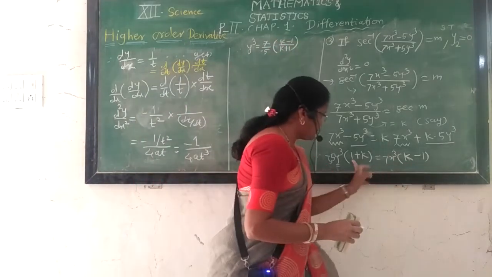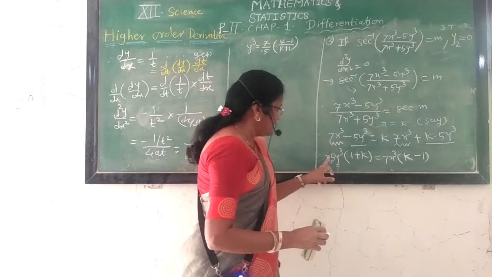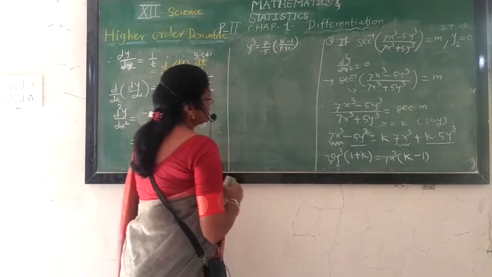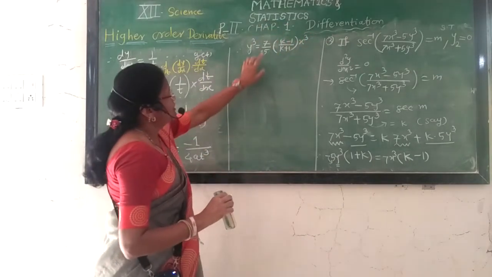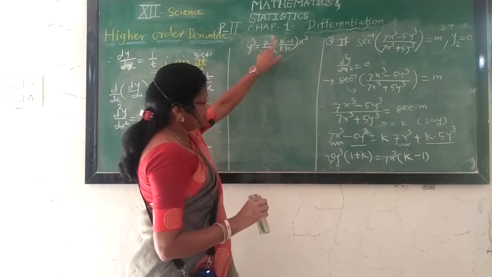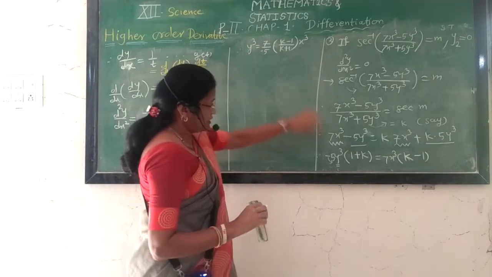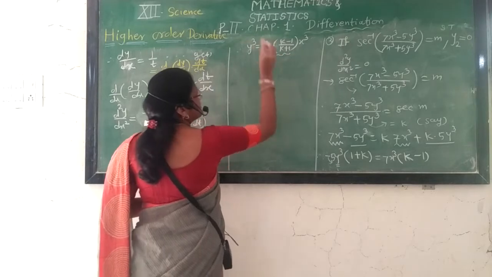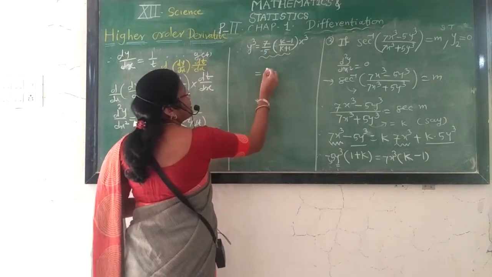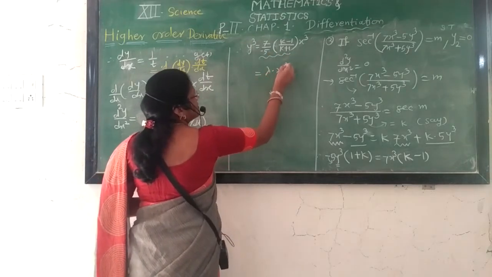This minus 5 is shifted to the right side, which is multiplied with the cube of x. So 7x cube into (k minus 1) upon minus 5 times (k plus 1). Now call this constant factor lambda. You can take it as lambda times x cube.